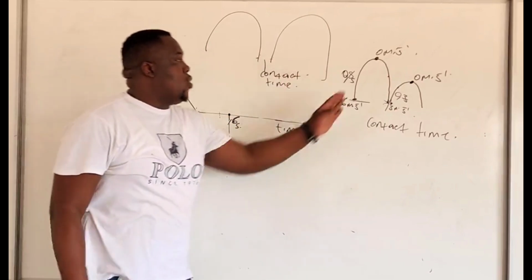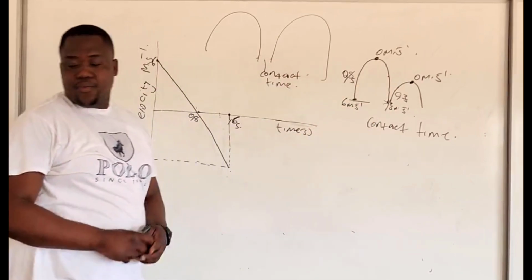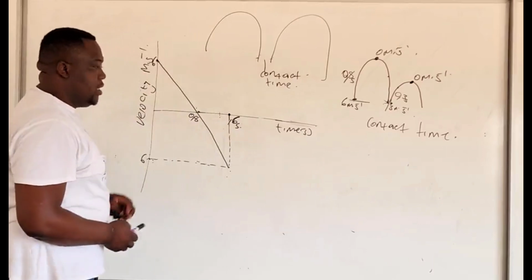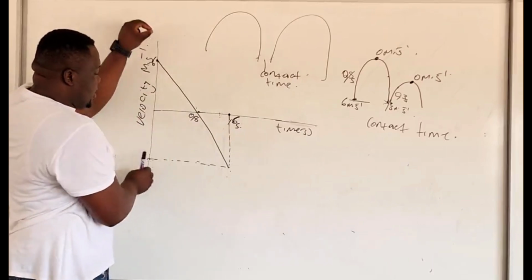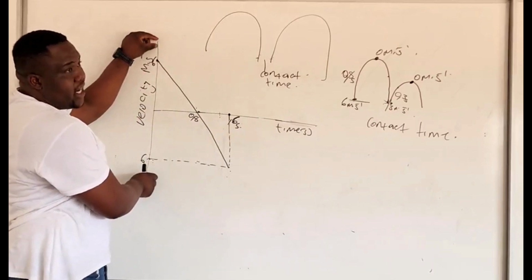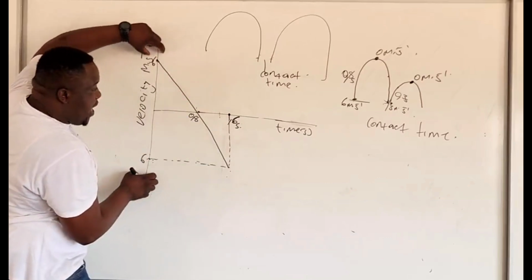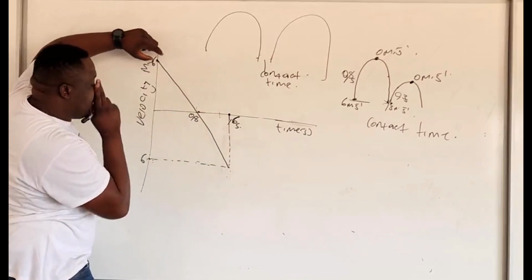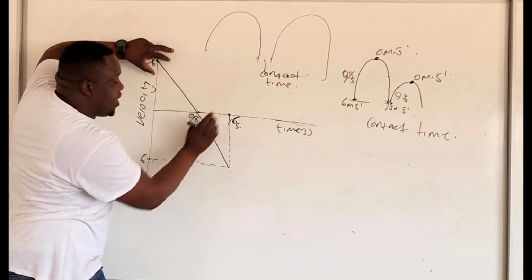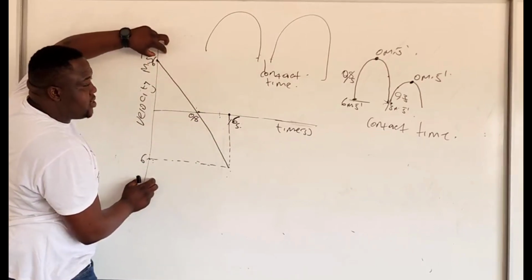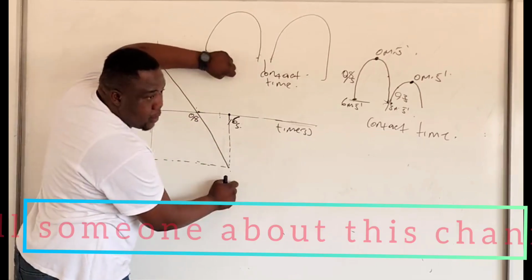So if you want to draw two graphs, this is what you do. I usually tell my kids that this is the y-axis, not the x-axis. When you draw the first graph, you take this y-axis, you move it and put it here.